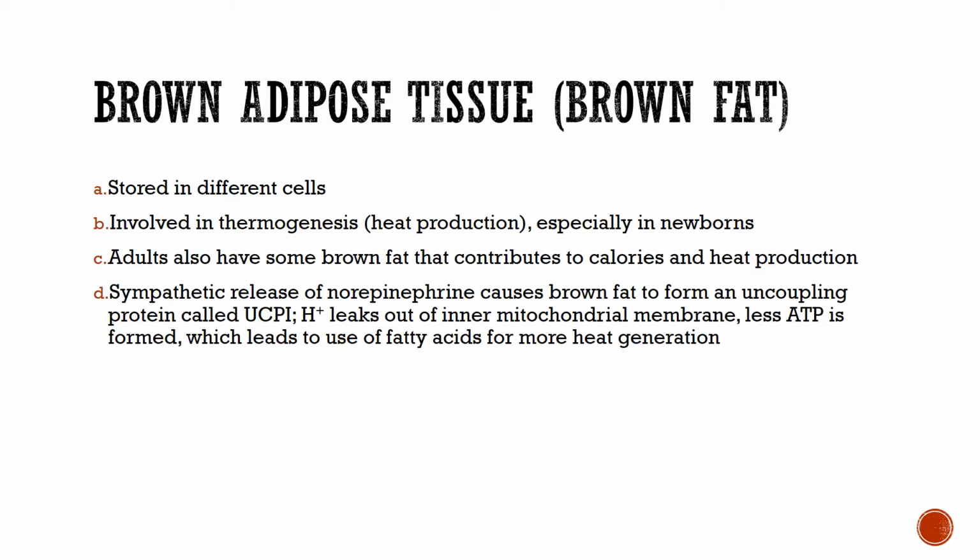It helps with heat production, but also contributes to calorie use. With brown fat, however, less ATP is formed compared to white fat, because the fatty acids are used to generate more heat rather than strictly for energy.